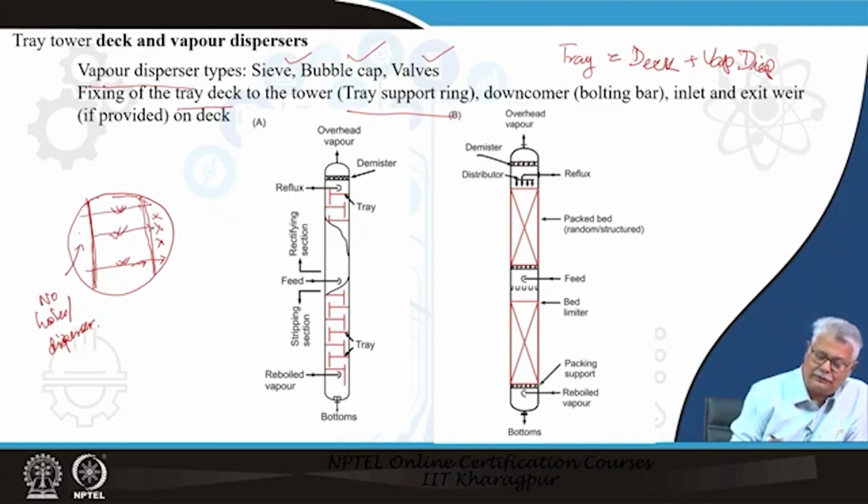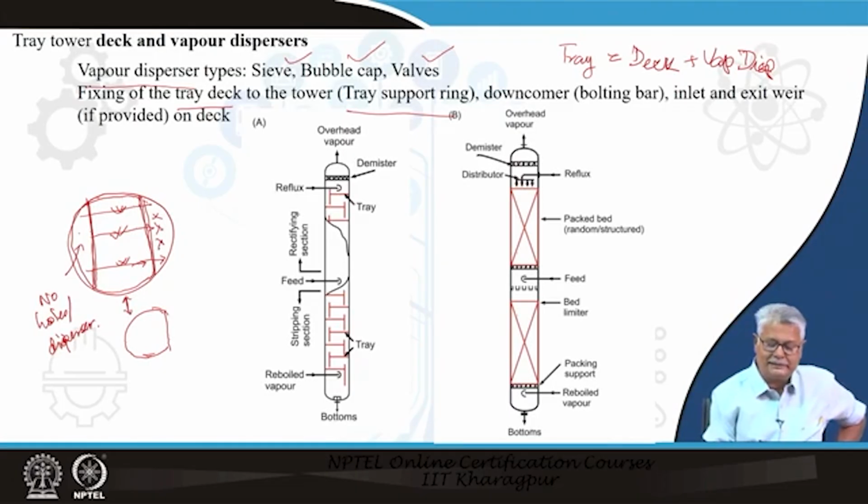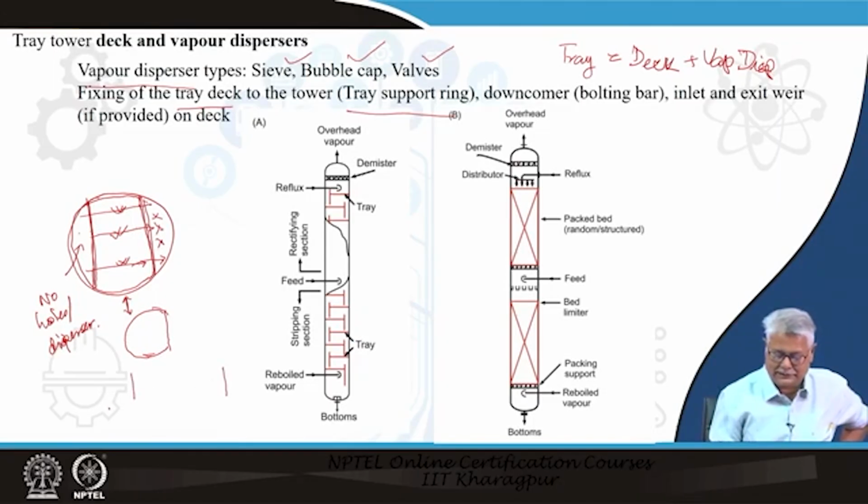So, your tray deck, if you are talking about in case of a cross flow tray like this, is basically your tray deck shape, which is this. Now, what I do is I would like to fix this onto my tower. How can I do it? If I look at the tower section itself and if I weld a ring here, and on that I place my tray, that the ring is all through, and I bolt it here.